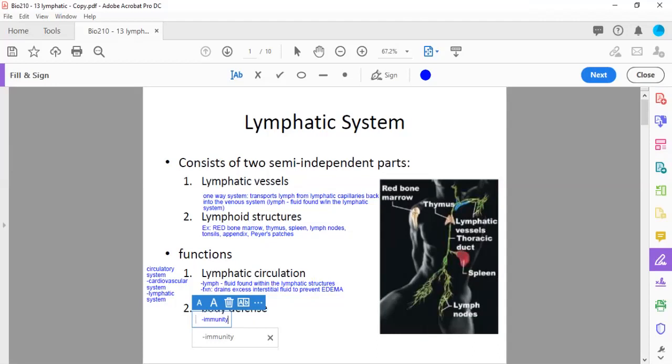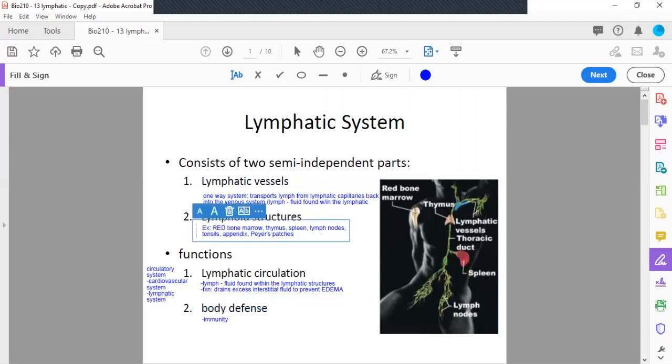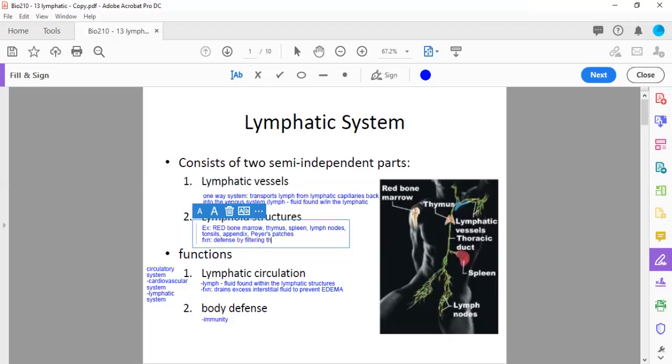And I also want to go back to the lymphoid structures. What I forgot to mention is that the main function of the lymphoid structures is defense by filtering the lymph.